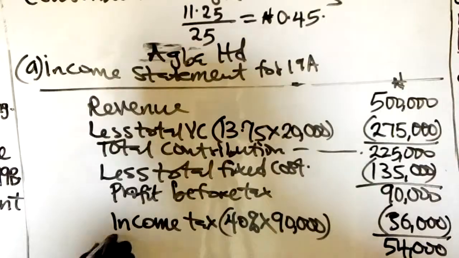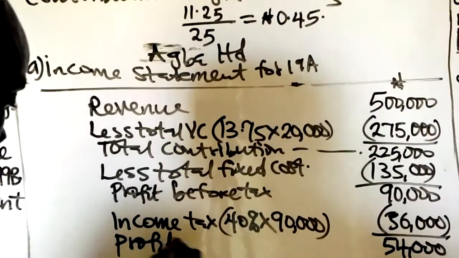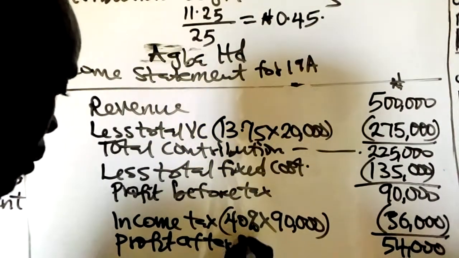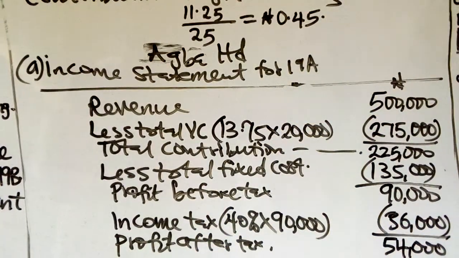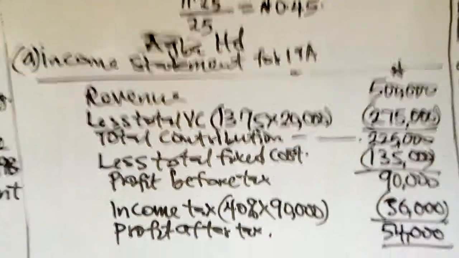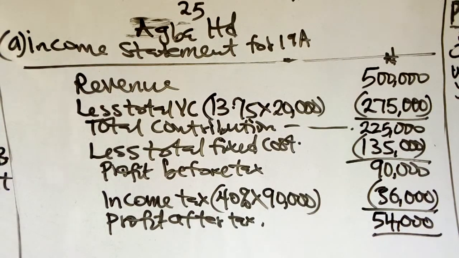That is profit after tax. That is requirement A, where you have to calculate the projected after tax net income for 19A.